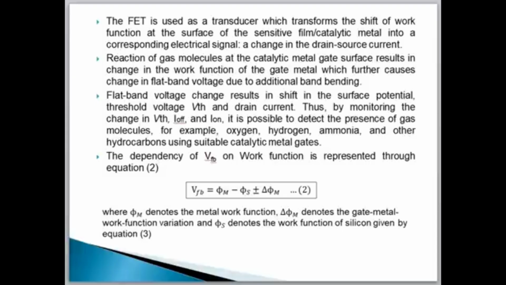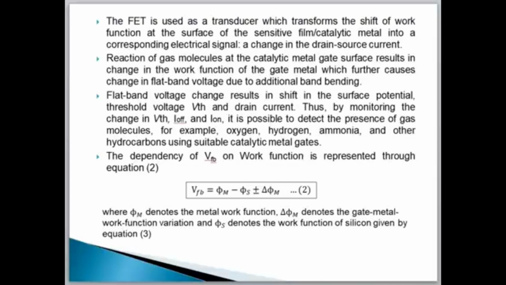The dependency of the flat band voltage VFB on work function is represented through equation 2, which shows how the change in the flat band voltage varies with the change in the gate metal work function. VFB is equal to phi m minus phi s plus delta phi m, where phi m denotes the metal gate work function.